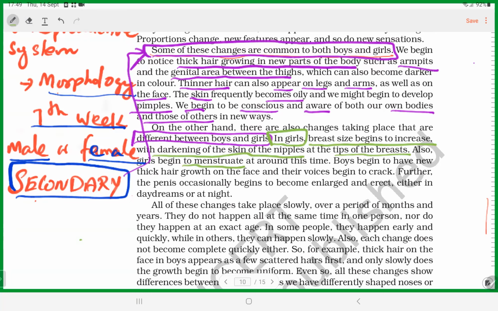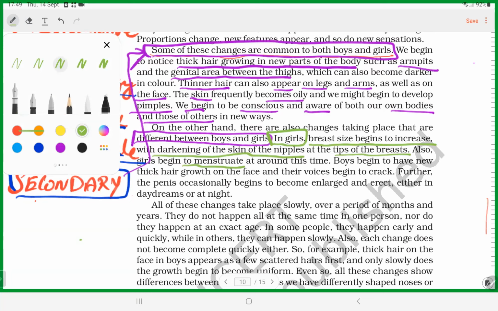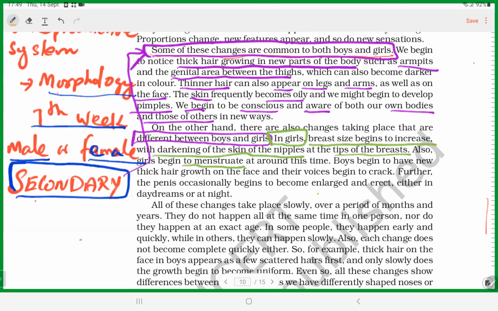And now, secondary sexual characters in boys. Like thick hair growth on face, then voice begins to crack, enlargement and erection of penis, and daydreams or night dreams.